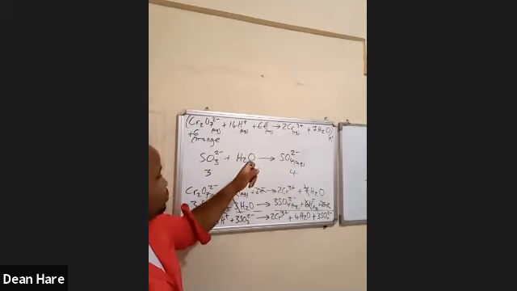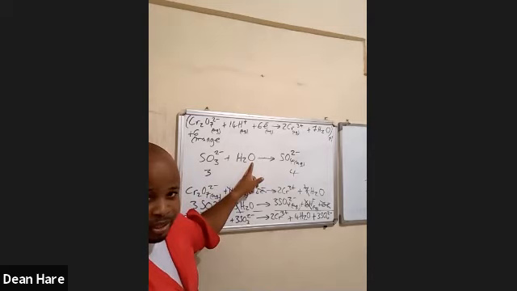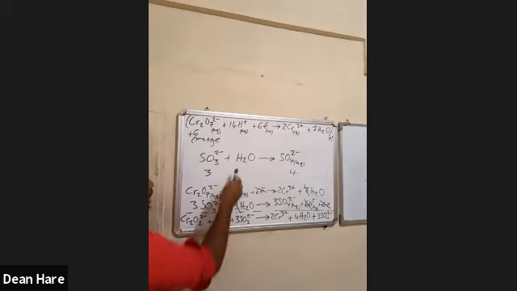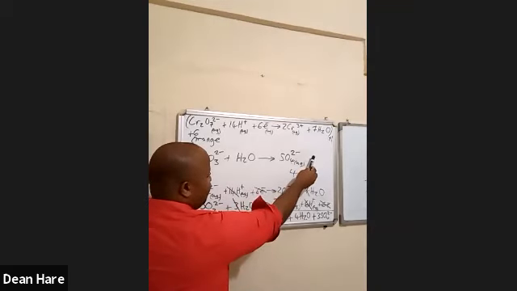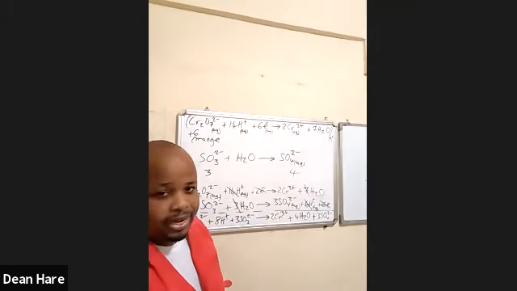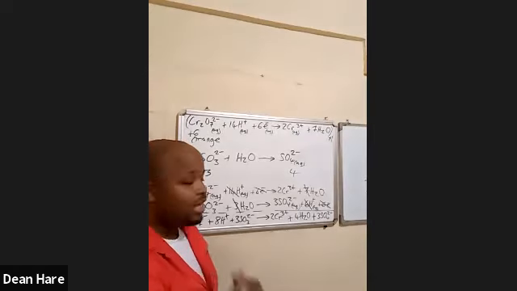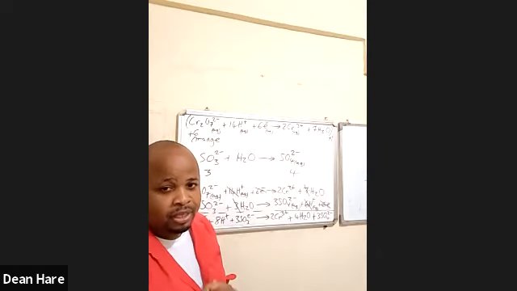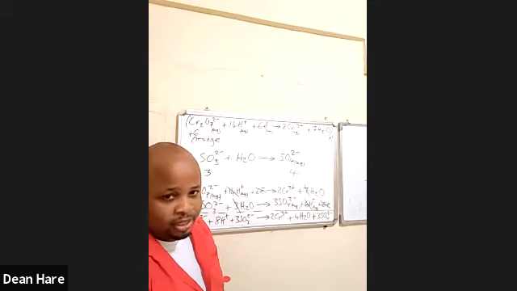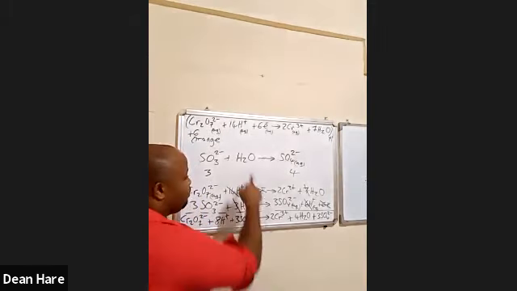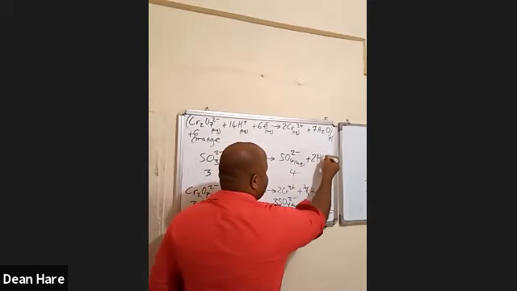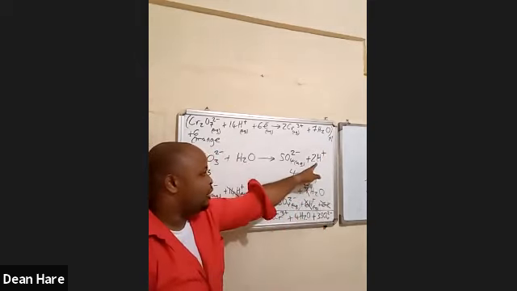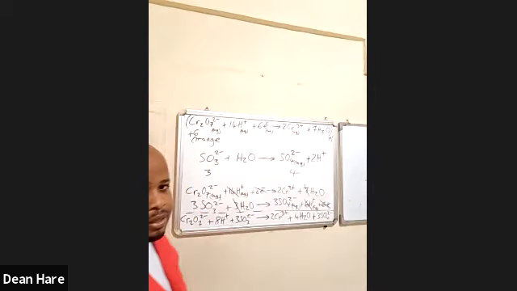Now, when you introduce water to balance oxygen, you also introduce hydrogen atoms. And so now this side of the equation does not have any hydrogen. To balance the hydrogen, we're going to use hydrogen ions. Because you have 2 hydrogens here, that is why we add 2 hydrogen ions on this side.